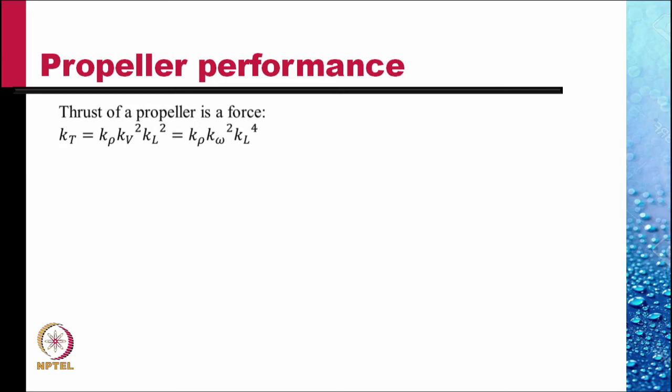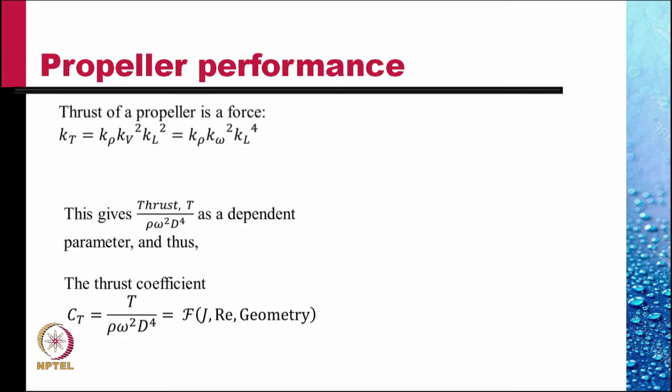Thrust of the propeller is like a force, so K thrust is K rho Kv square KL square, and by replacing Kv by K omega KL, we obtain thrust as K rho K omega square KL raised to power 4. From this, we obtain the pi number.